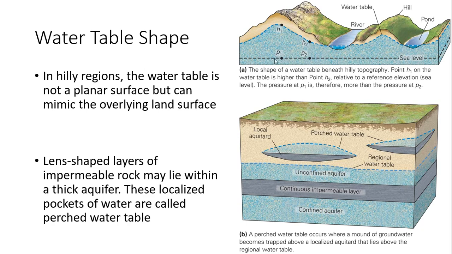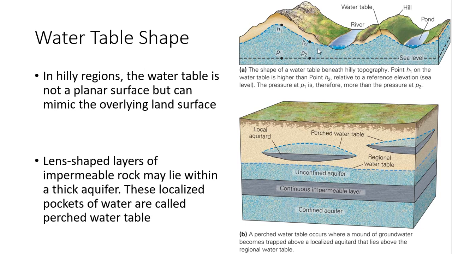There's more pressure at point 1 than there is at point 2 because there's a whole bunch of elevation difference here. And we have a lot of water at this location, putting pressure on this point, and less of it here because we're at a lower elevation. So we have high pressure at point 1, lower pressure at point 2, and we expect water to flow from H1 to H2.